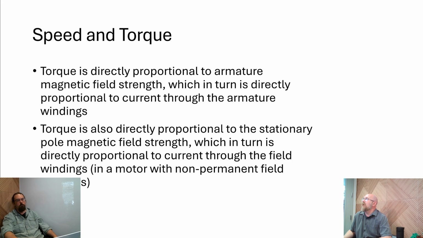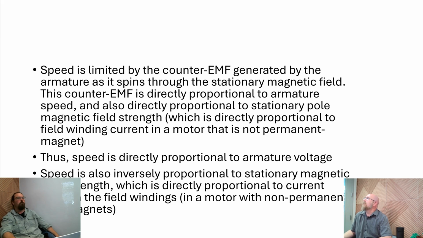This is just some words that maybe you should absorb on your own time. But what this yields is that speed, on the other hand, if we go to the next slide, is limited by that counter EMF, and that counter EMF is overcome by the voltage.